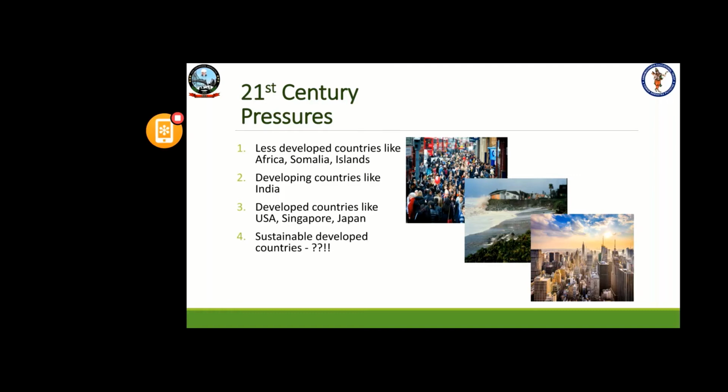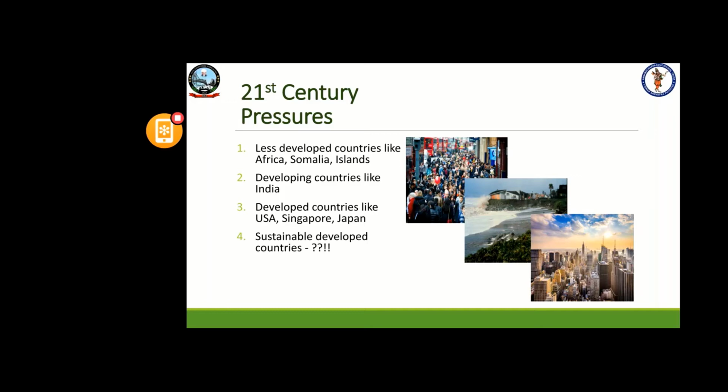Developing and least developed countries have the problem of even supplying sufficient quality water to the public, sanitation facilities, and lacking funds to organize these environmental parameters.